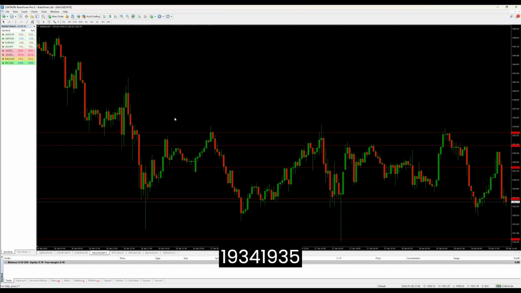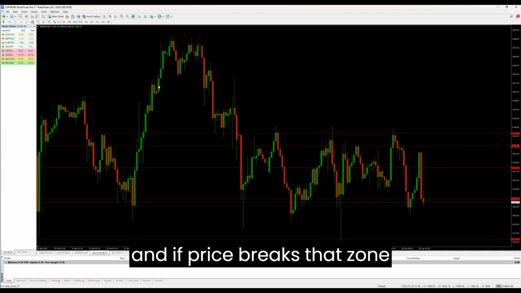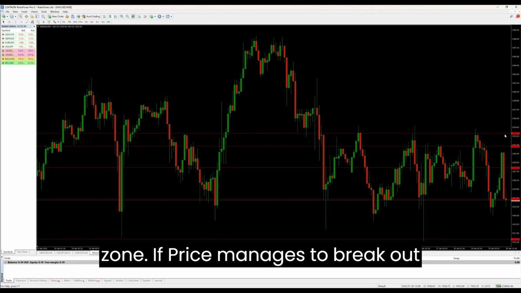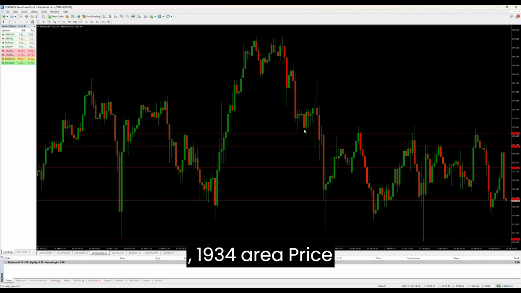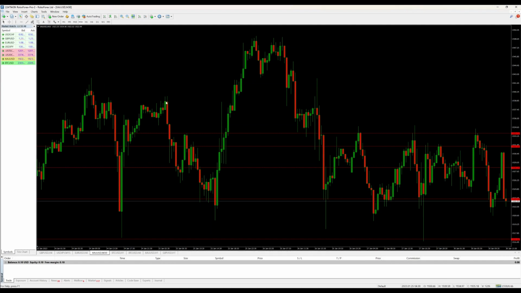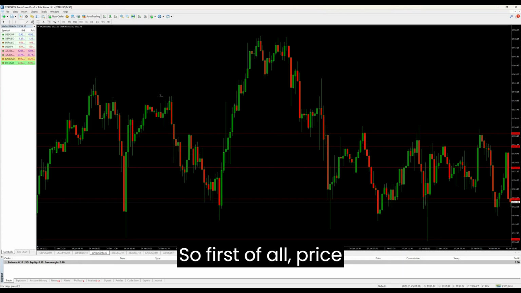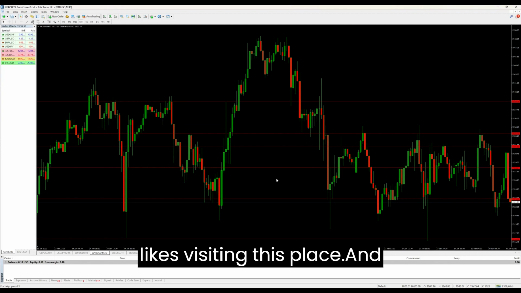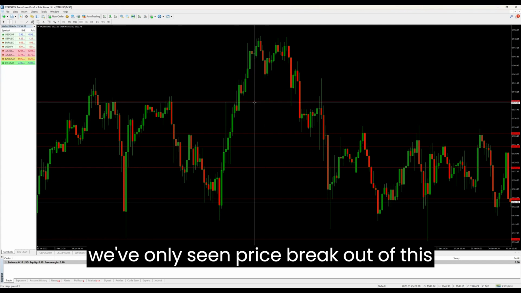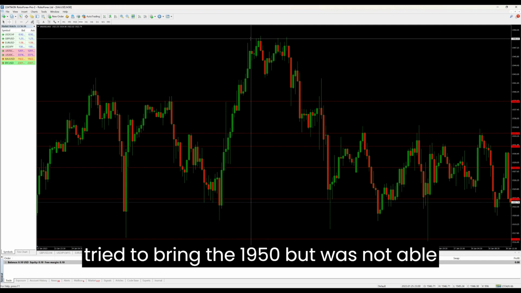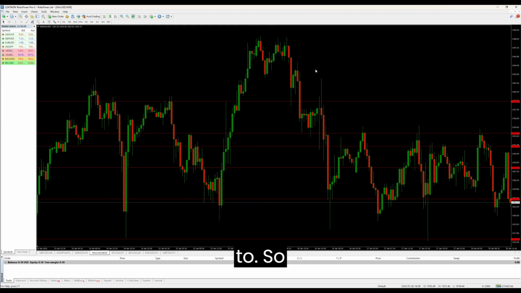And even when price breaks that zone, if price manages to break the 1933 or 1934 area, price first goes up to this place. First of all, price likes visiting this place, and we've only seen price break out of this place just once, and it tried to break 1950 but was not able to.